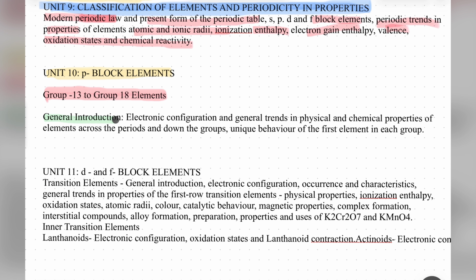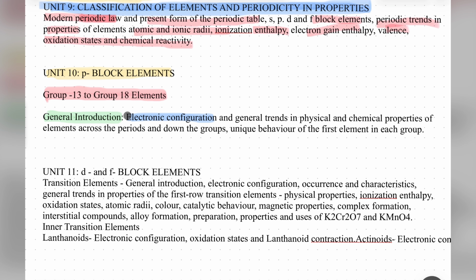So, general introduction. In all lessons, general introduction, even 13 group, 14 group, all groups, general introduction is required. What is general introduction, sir? Yes, concentrate here. Electronic configuration. Compulsory. One question will come because 13, 14, 15, 16, 17, 18, totally 6 groups are there, students, right?